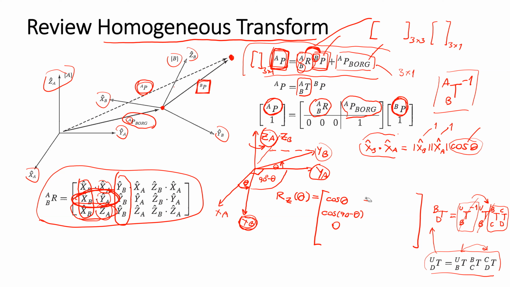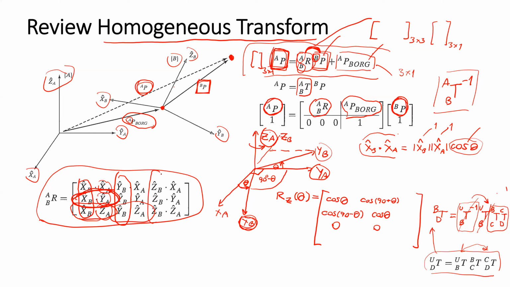Okay, if you want to obtain the angle between YB and XA, it's gonna be cosine of 90 degrees plus theta, the angle between YB and XA. The angle between YB and YA will be cosine theta. And the angle between YB and ZA will be 90 degrees. Cosine 90 will become 0.